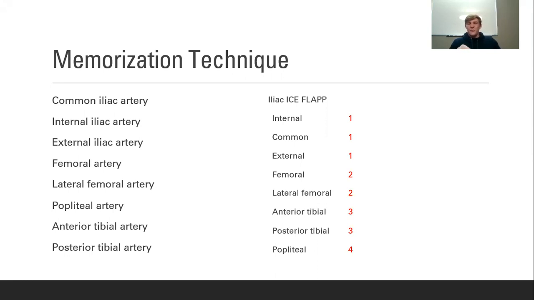It's like four groups, or even three, with popliteal as its own group. The ones are your iliac arteries, the twos are femoral arteries, the threes are tibial arteries, and then, like I said, the popliteal is all by itself.